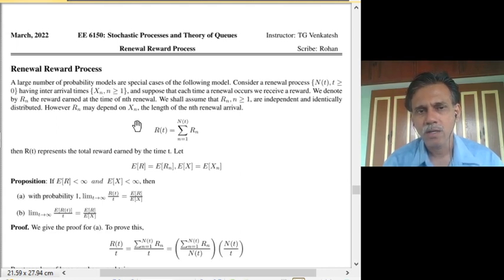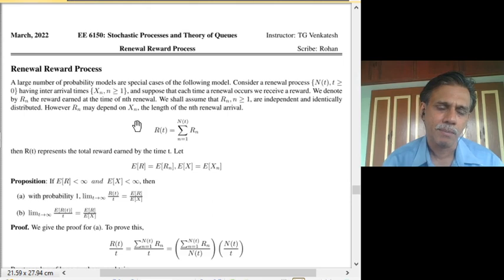You look at how much financial benefit the machine has brought in during that working duration, and so on.